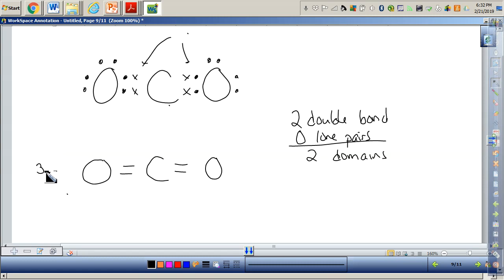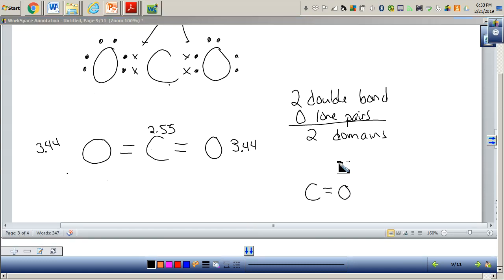Okay, once I have it drawn to its correct shape, then I'm going to put in my electronegativity numbers. And then if I were to subtract right here, it doesn't matter if it's a single bond, double bond, you're going to subtract your electronegativity numbers the same way.